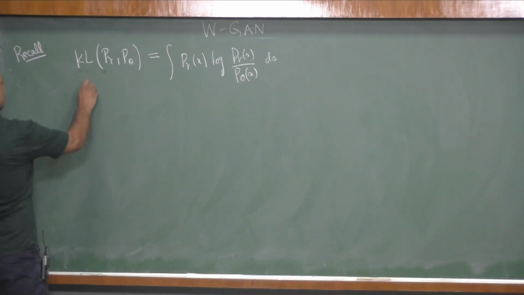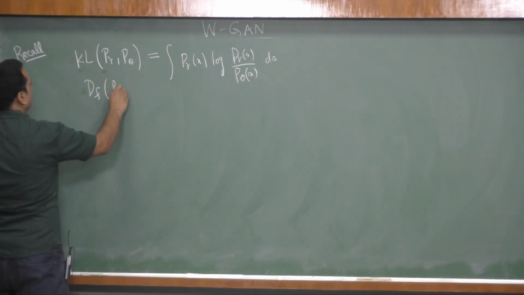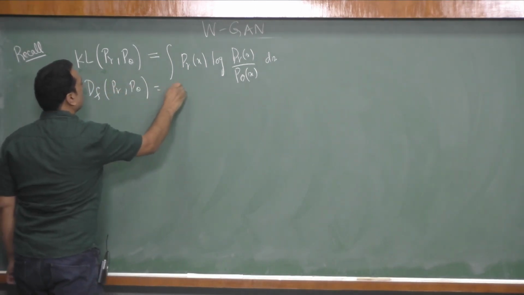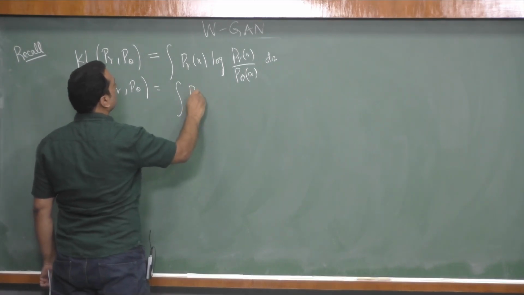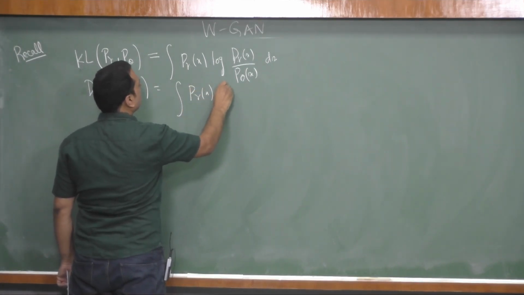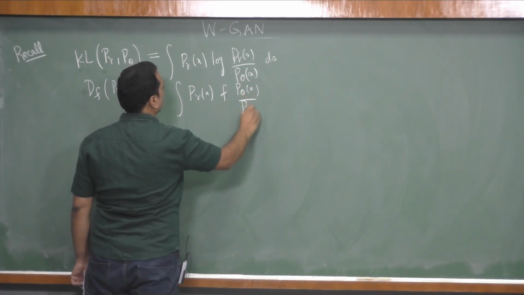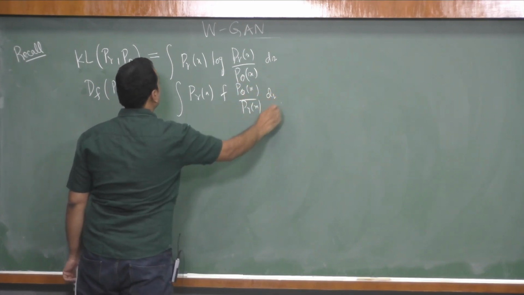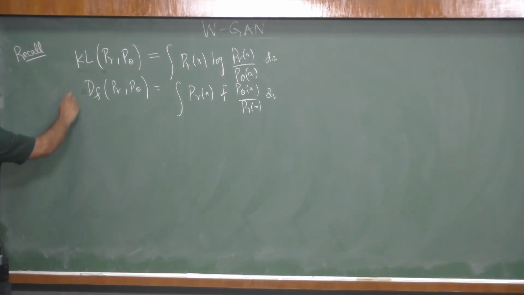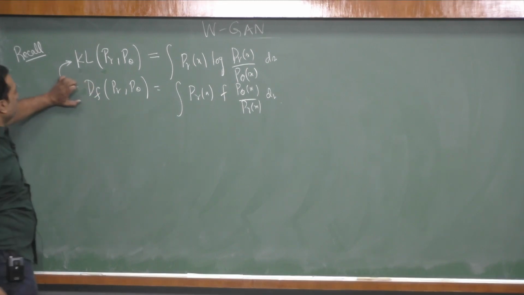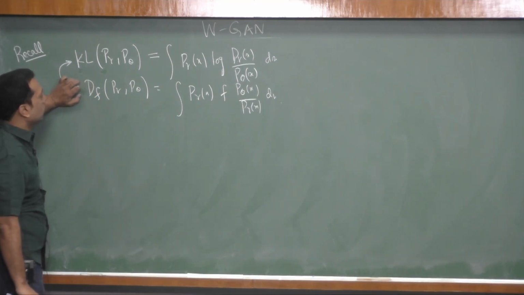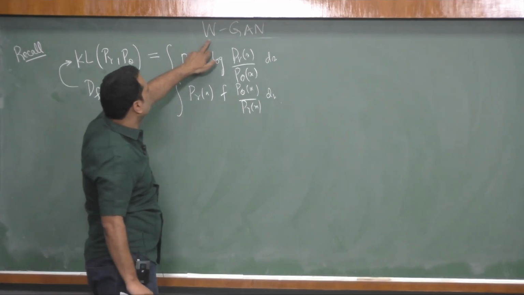So if you recall, the F divergence was the integral of P_R(x) F(P_theta(x) / P_R(x)) dx, and this was a special case of the F divergence. So KL belongs to the family of F divergence, but WGAN uses something called the Wasserstein distance.